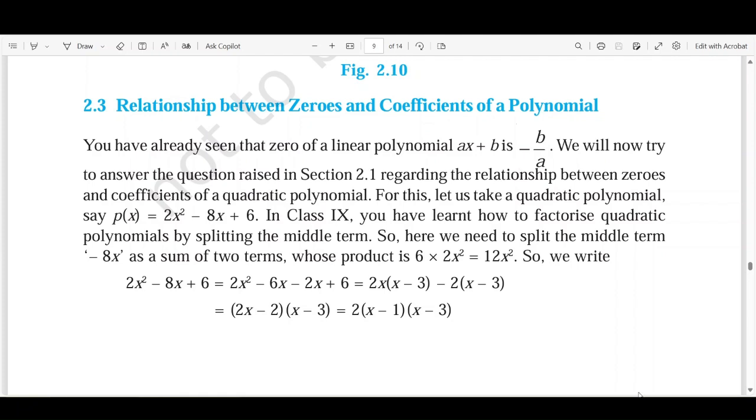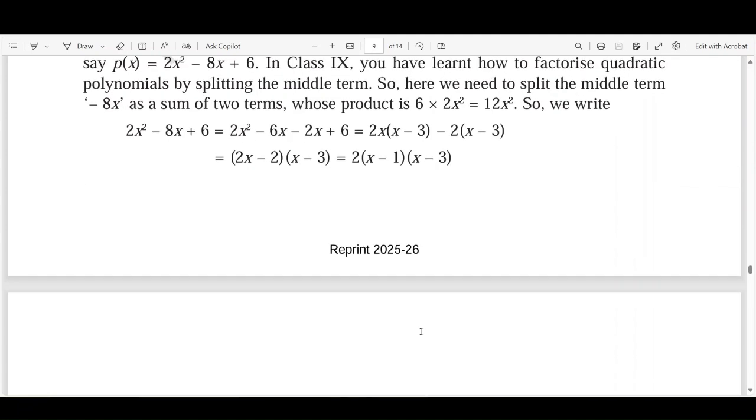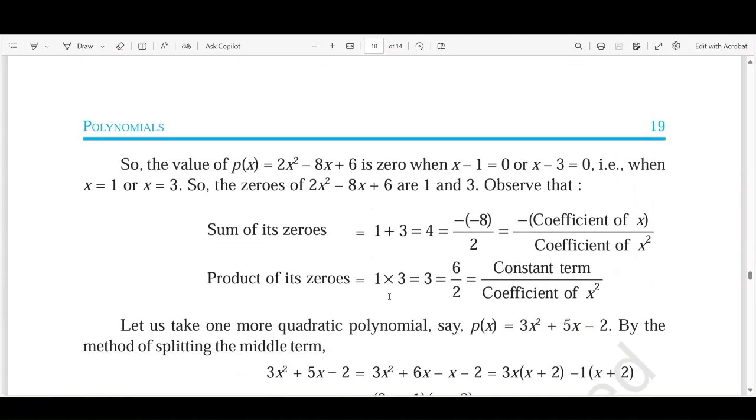Thus they have determined the factors for this quadratic polynomial to be 2 into (x minus 1) into (x minus 3). And when you identify the zeros for this polynomial, we obtain the values x equal to 1 and x equal to 3.